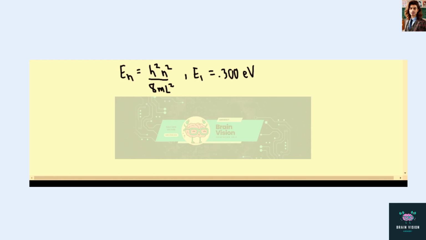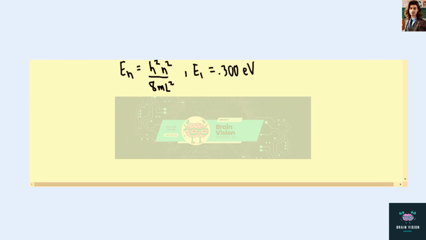Starting with the energy for a particle in a box and knowing that the ground state energy is 0.300 electron volts, we do the following. To make things simpler, we calculate Planck's constant times the speed of light in electron volts.